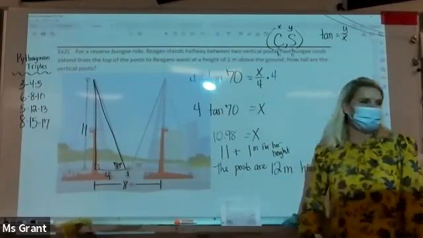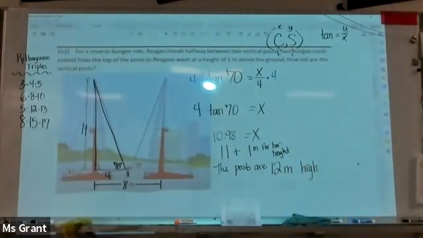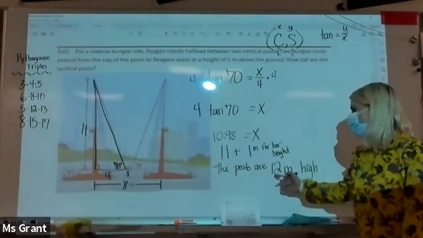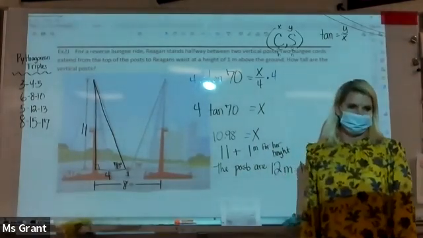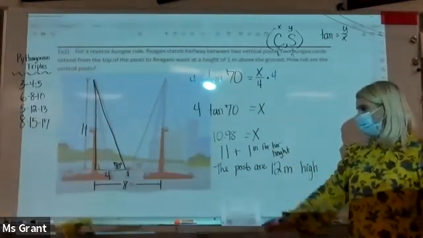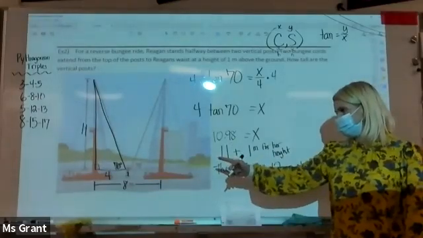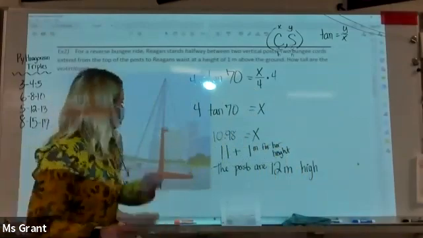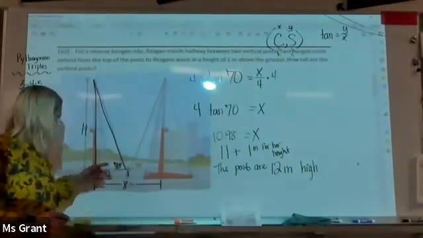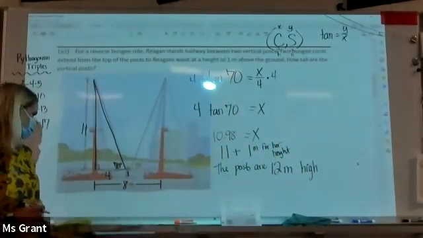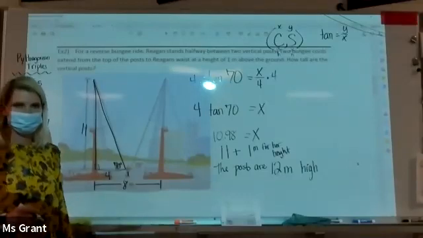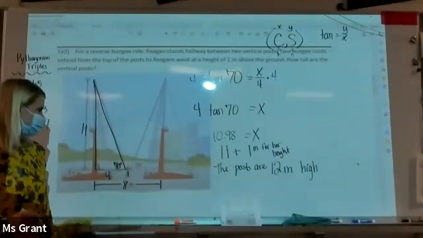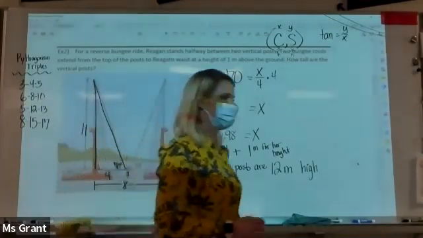It's really important that you always know what your answer represents. 11 dollars, 11 people waiting in line, 11 meters, but it's 12. You add the 1 because she had this space from her waist down to the floor that we didn't count in our triangle. So I have to add 1 more meter. I'm going to move on to the next example.